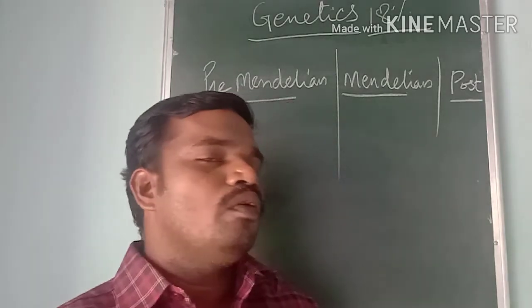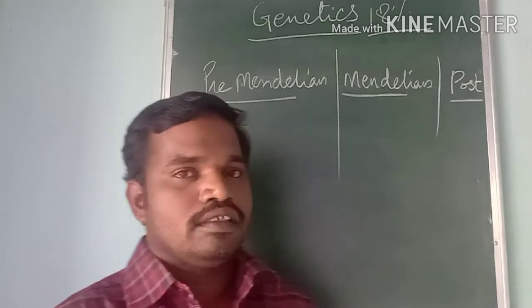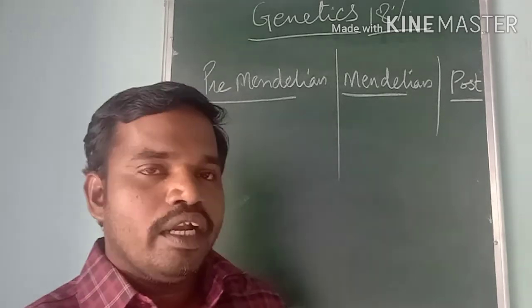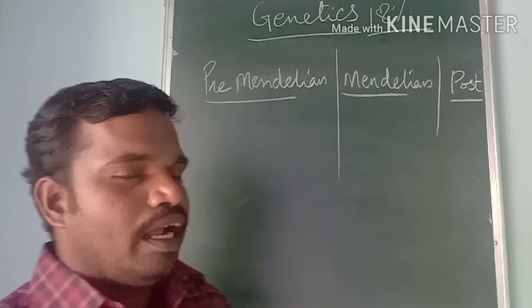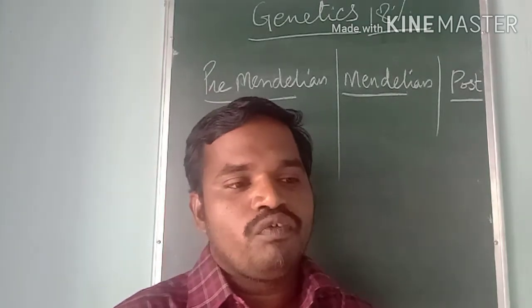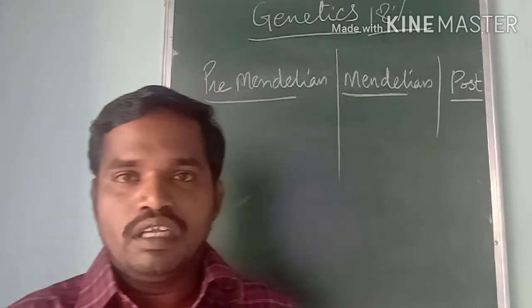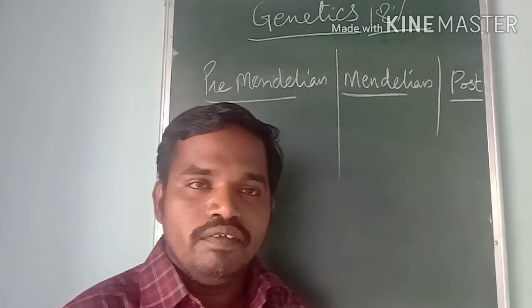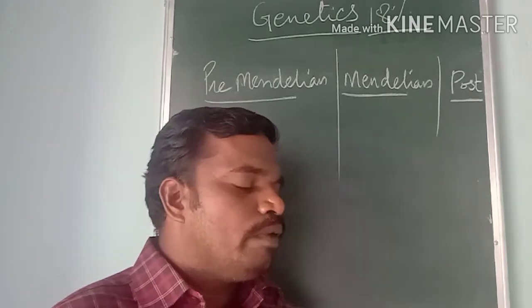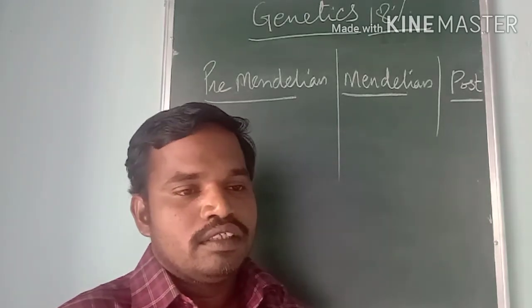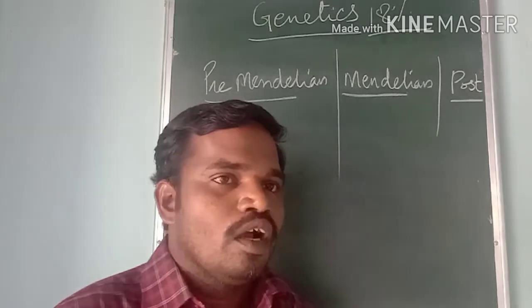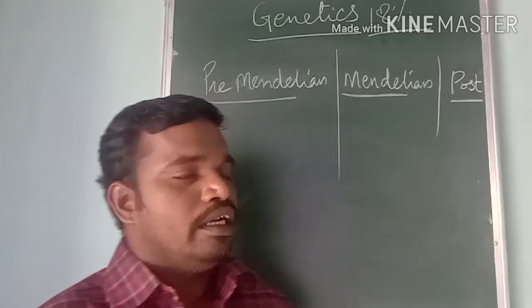Another one is spontaneous life formation. This theory explains that life is formed from non-living things. Followed by that, Aristotle proposed the theory called the reproductive blood theory.